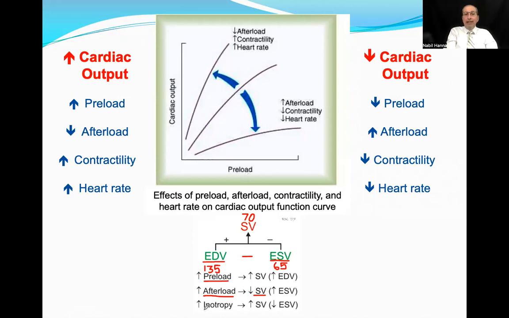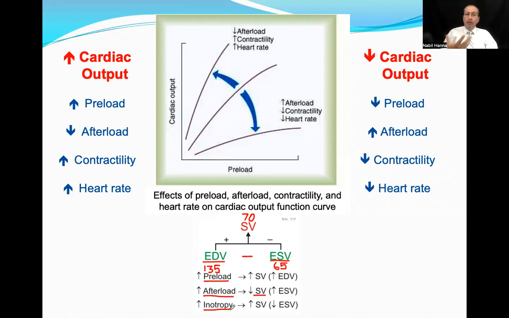When you increase contractility, a fancy term for contractility is inotropy. So when we say positive inotropic factor, it means any factor that increases the contractility of the heart. Negative inotropic factor is any factor that decreases the contractility of the heart.